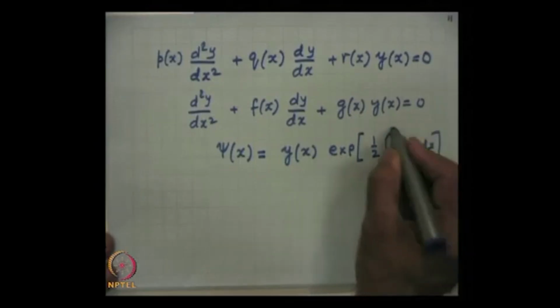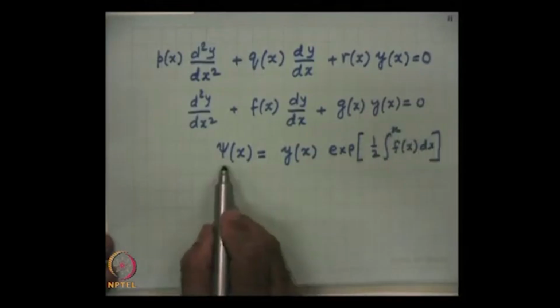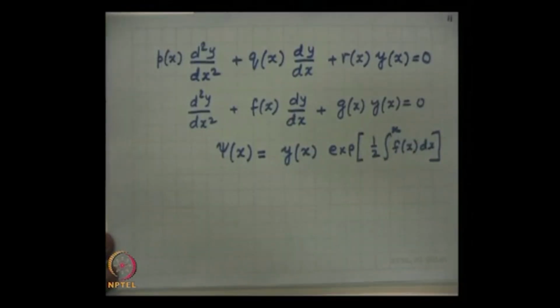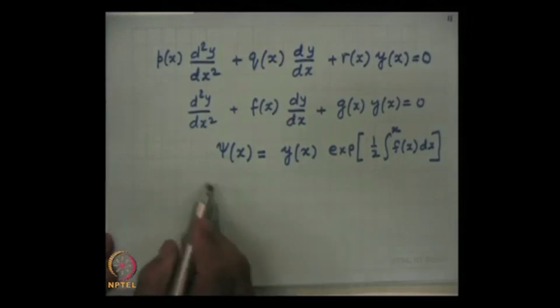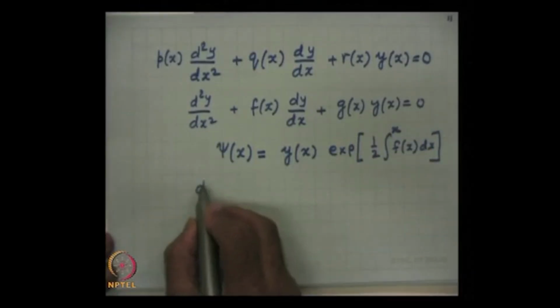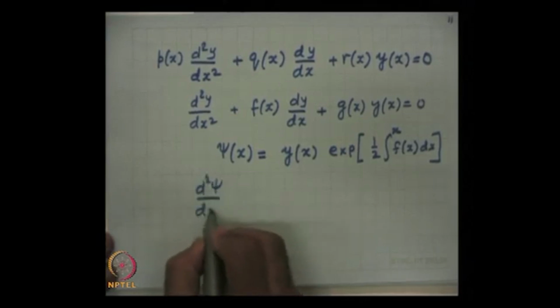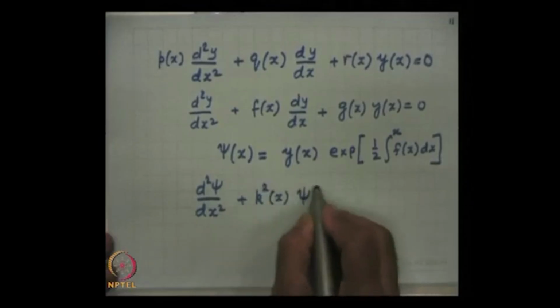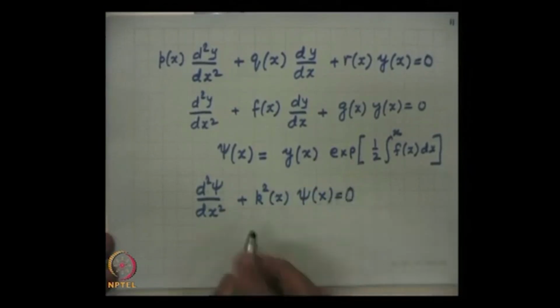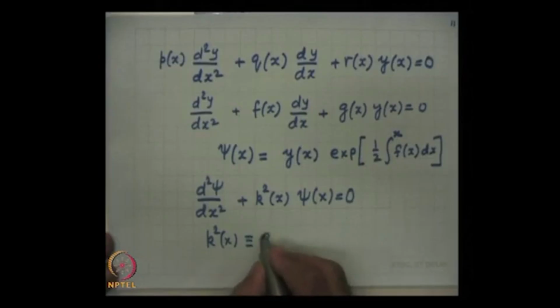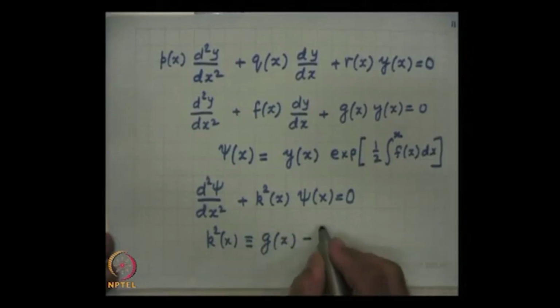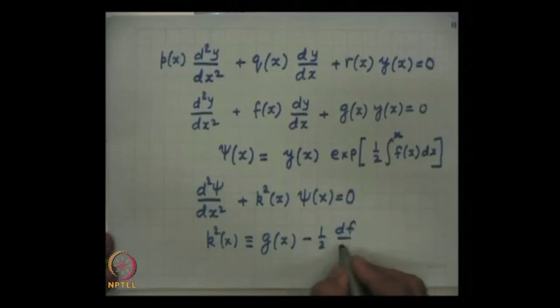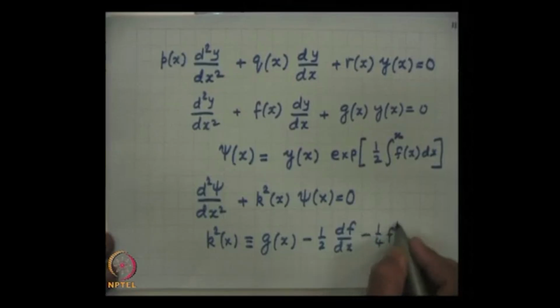I leave it as an exercise for you, and if you assume psi of x to be given by this, and then you differentiate this and use this equation, you will find that d2 psi by dx square satisfies this equation, d2 psi by dx square plus k square of x psi of x is equal to 0, where k square of x is now defined as g of x minus half df by dx minus 1 by 4 f square of x.